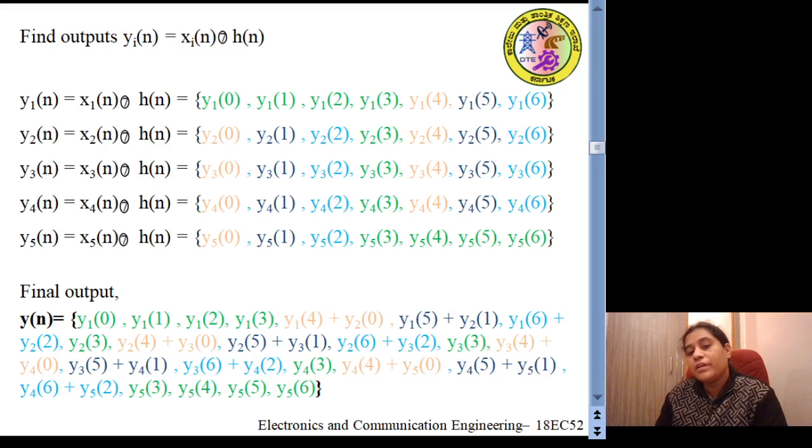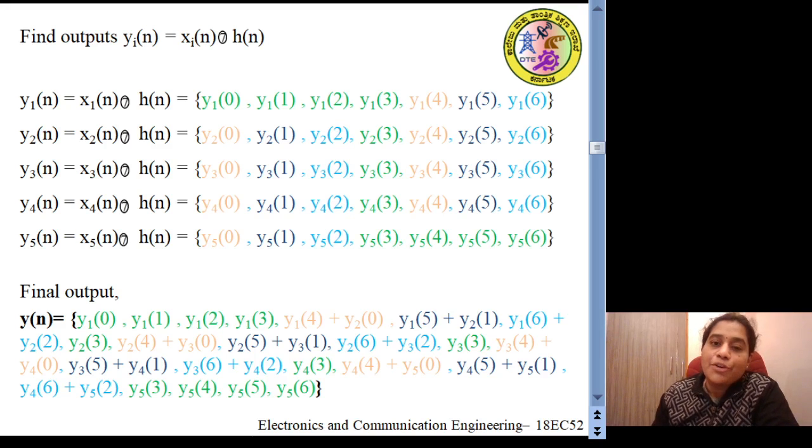Similarly, y4 of n can be obtained by x4 of n circularly convolved with h of n to obtain y4 of 0, y4 of 1, y4 of 2, y4 of 3, y4 of 4, y4 of 5, y4 of 6. And the last block of output is y5 of n, obtained by the 7-point circular convolution of x5 of n with the impulse response h of n.